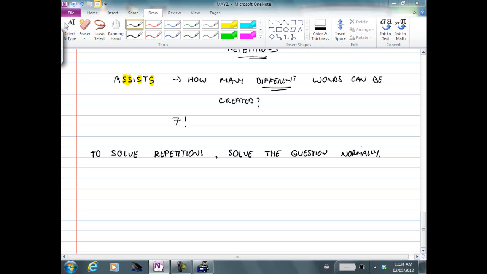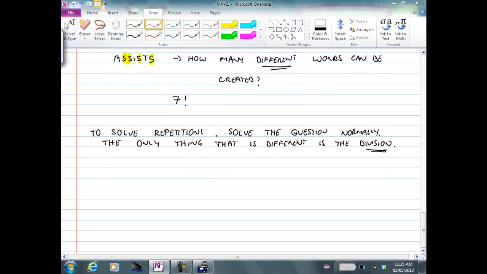There's no difference. The only thing that is different is the division step. You got to divide this, because if they're the same letters, we know it's going to be less. I'm going to show you how this works.